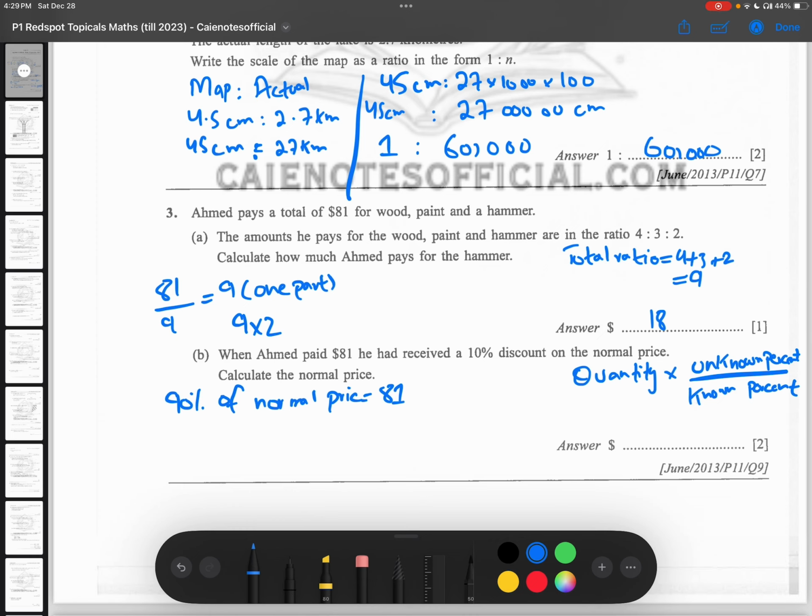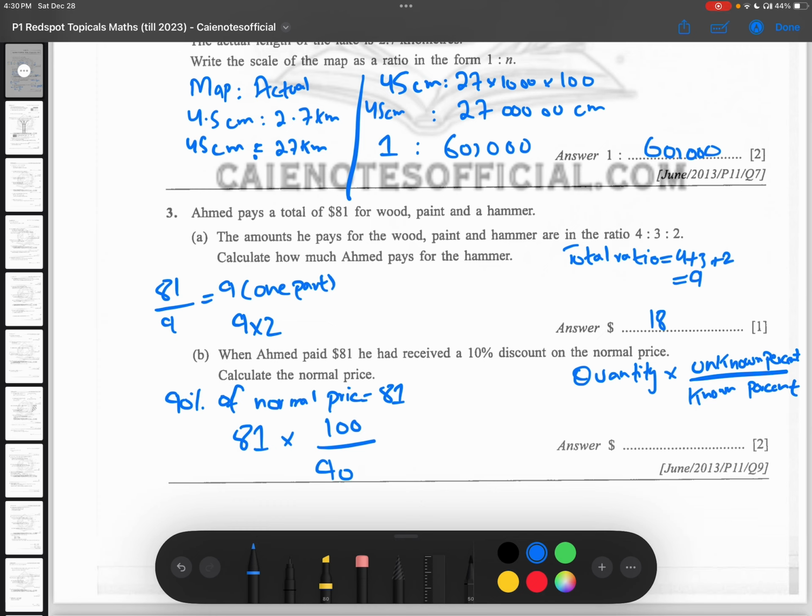We need to calculate 100% of the normal price. So in this formula, we'll put the values. The quantity is 81. I will multiply it with the unknown percent, the percent that I need to find, which is 100% of the normal price. I will multiply it with 100 and divide with 90.